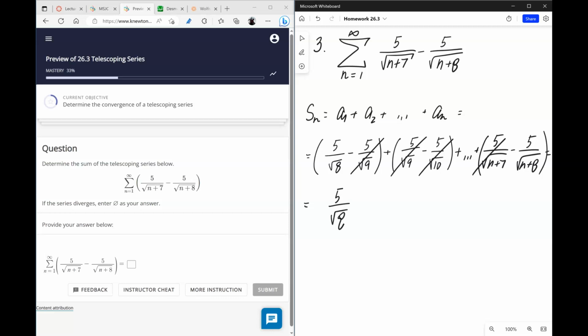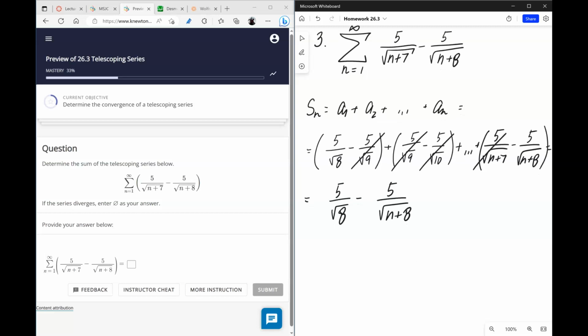This is the only thing that's left. So to determine the limit of this series, we can just find the limit of the sequence of partial sums, which is easy to find.